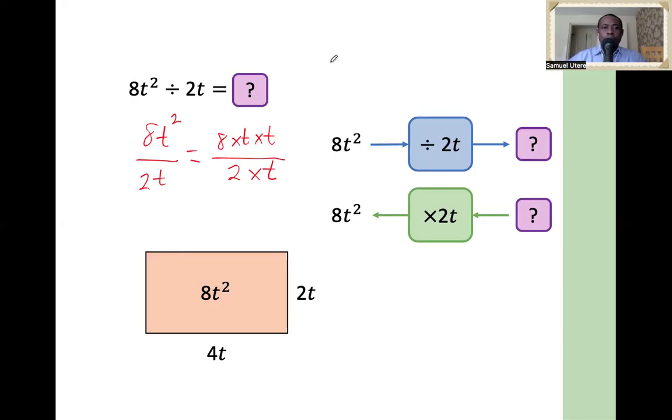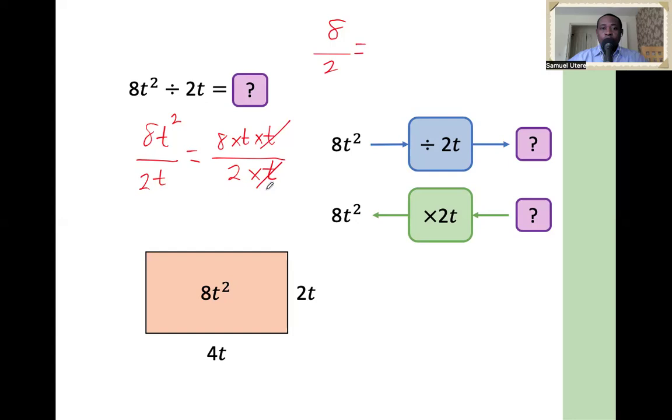Now, remember, if I give you something like this, you can say, oh, I know, I can simplify this fraction, I need to divide 8 by 2. It is the same approach we can use here. Whatever we see in the numerator that is also in the denominator can cancel each other out. So this t can cancel that t out.